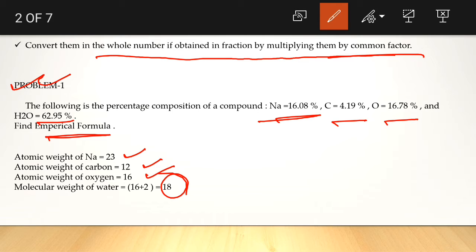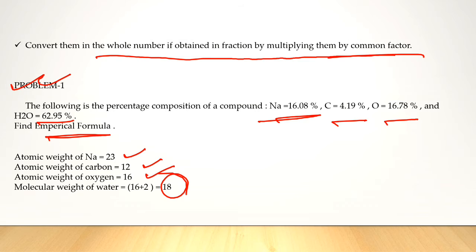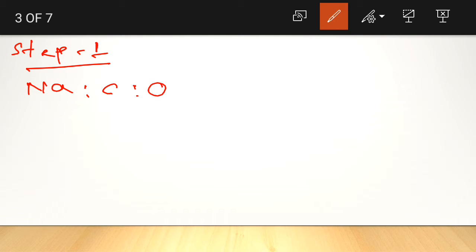Now step 1. Here I am doing step 1 for sodium, carbon, oxygen and water. We know the percentage of these present, so we have to divide the percentage by their atomic weight.